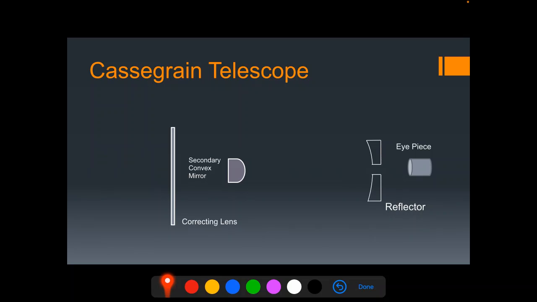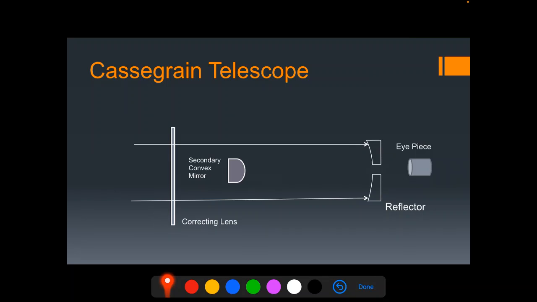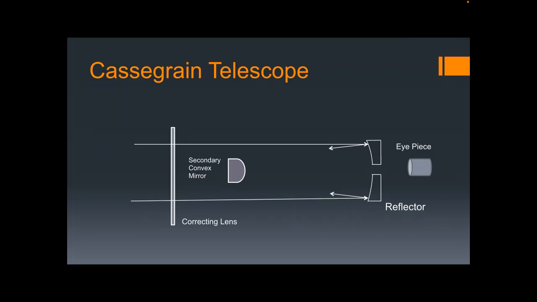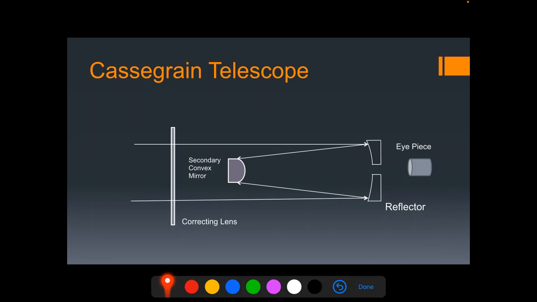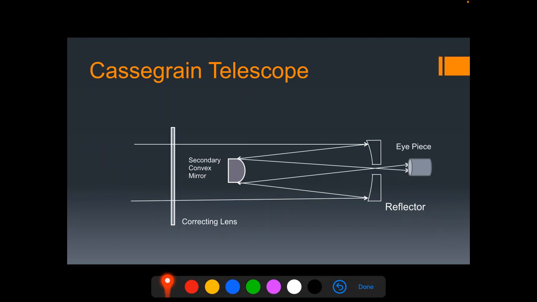Now, as the light comes from the distant object, it is first incident on the reflector objective. From that, it is reflected towards the secondary convex mirror, which is placed on the principal axis of the reflector objective. From that, it is reflected back to the eyepiece through the hole made in the reflector objective.